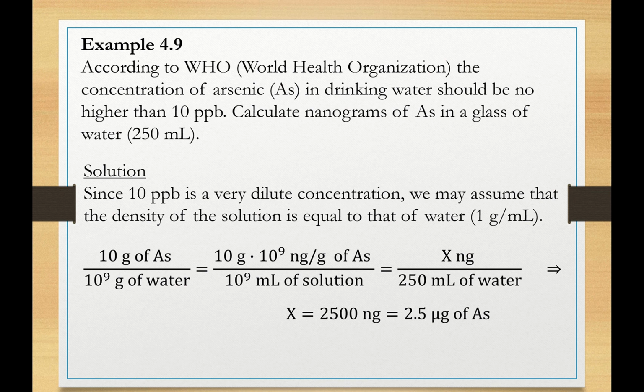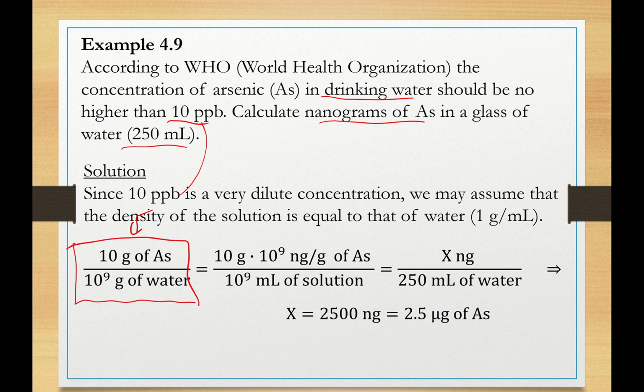Okay, example 4.9 now is asking you to calculate the nanograms of arsenic in a glass of water if the concentration of arsenic in drinking water is no more than 10 parts per billion. Usually all of these exercises, parts per million or parts per billion, we solve by just writing the definition of the concentration down. So 10 ppb means 10 grams of arsenic in 1 billion, 10 to the 9 grams of water.